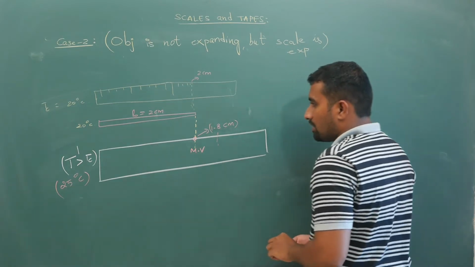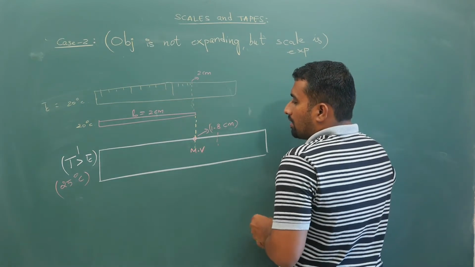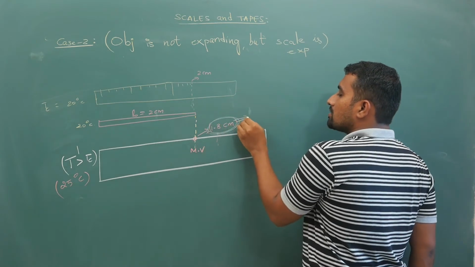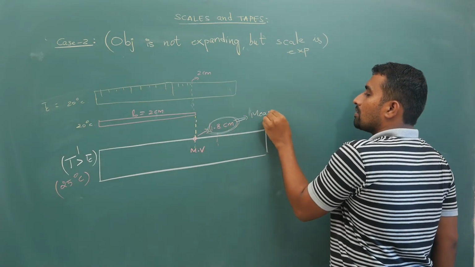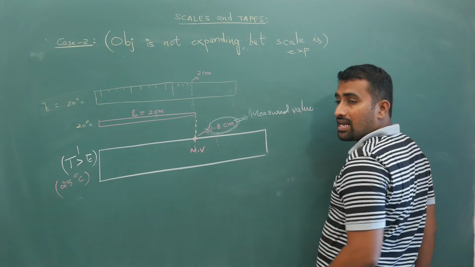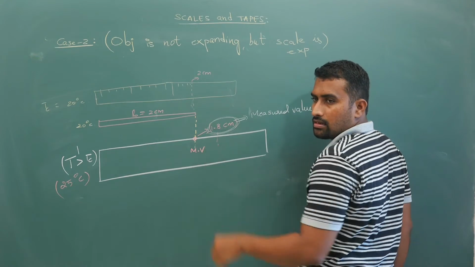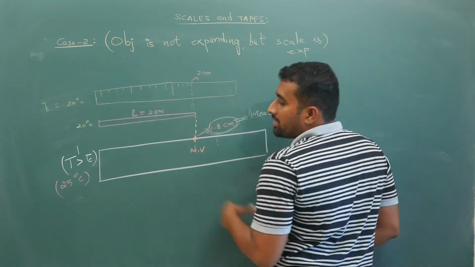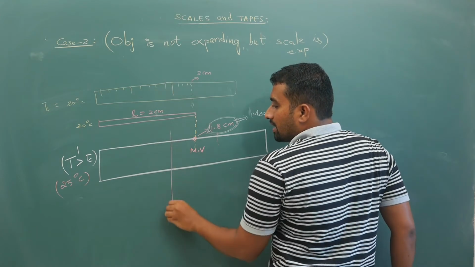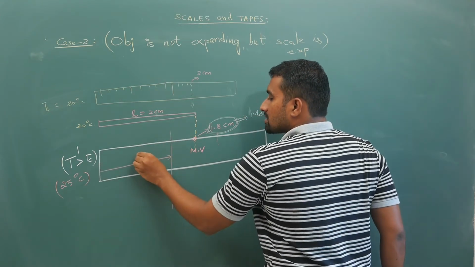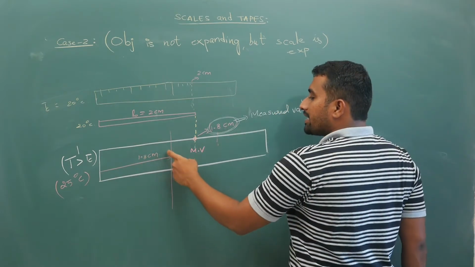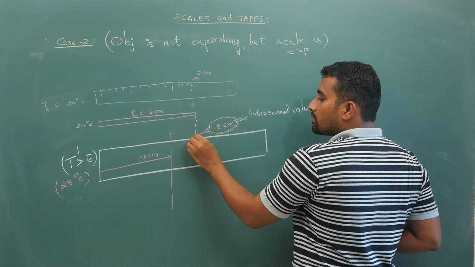Now observe carefully, this is 1.8 centimeter on the scale, it is your measured value, shown by the scale. But correctly speaking, somewhere here your 1.8 is supposed to be, but this 1.8 is expanding and coming to this point.